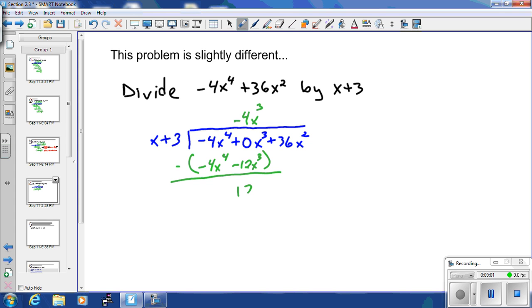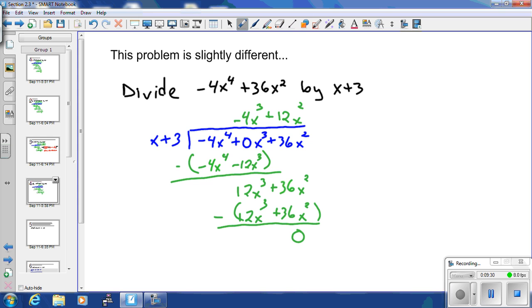This becomes plus 12x cubed, and I bring down the plus 36x squared. Do it again. X times 12x squared, and 12x squared times this stuff would give me 12x cubed plus 36x squared. You'll notice these are the same things. Subtract, these all both cancel.